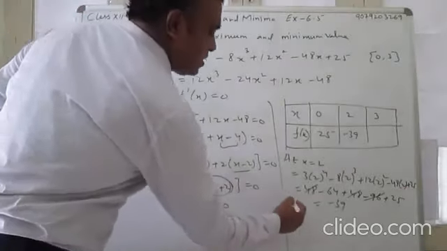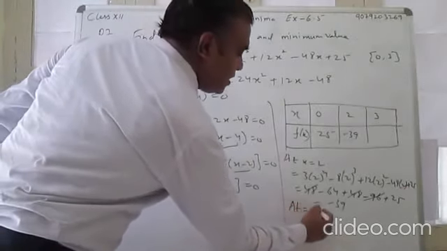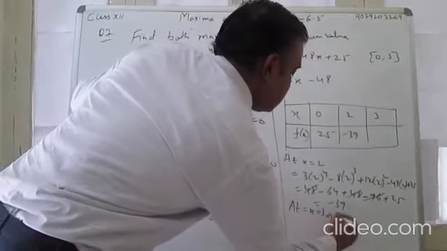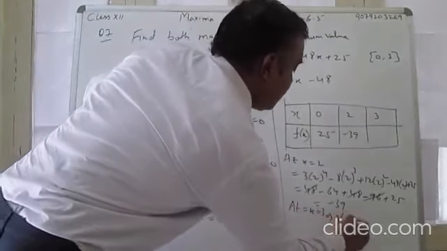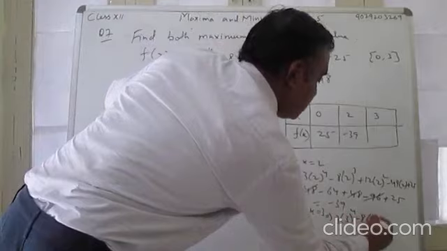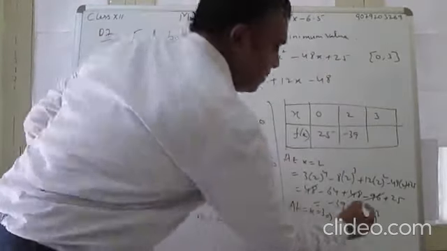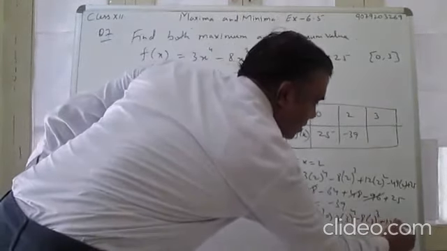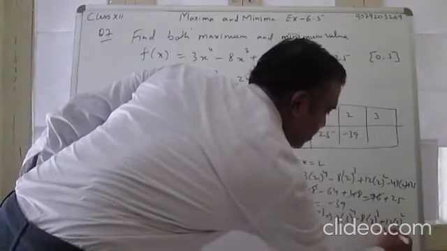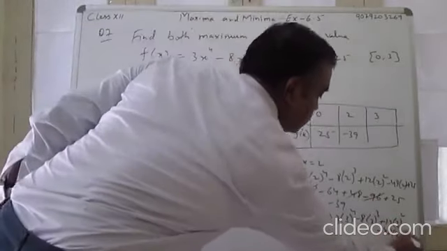Now at x is equal to 3. Now see here, 3 to the power 4 minus 8 into 3 to the power 3 plus 12 into 3 to the power 2 minus 48 into 3 plus 25.